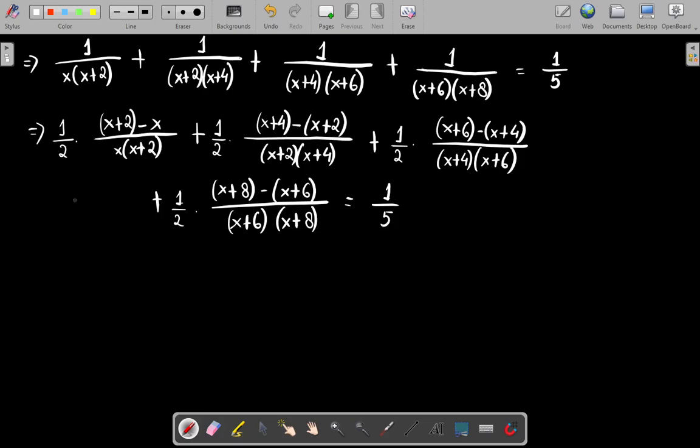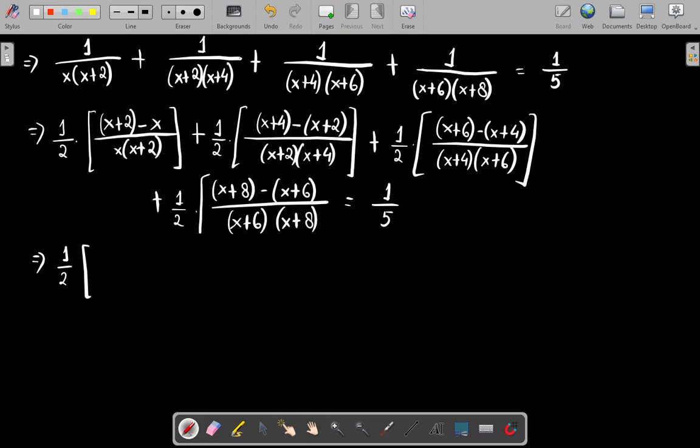So in all the terms on the LHS we have a half common, so we can take half outside. Now if we split the fractions of these individual terms in the brackets, we see x plus 2 divided by x times x plus 2.